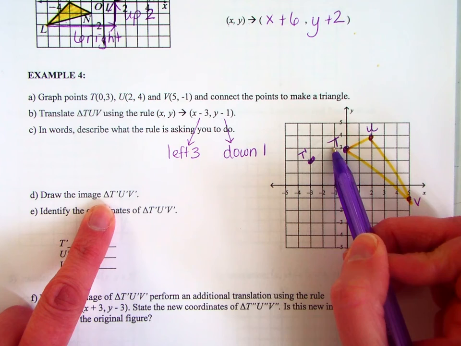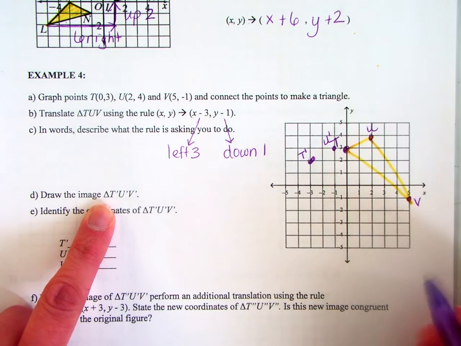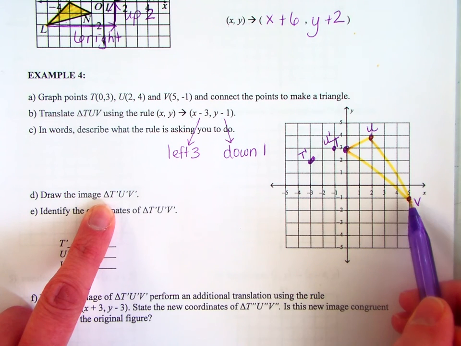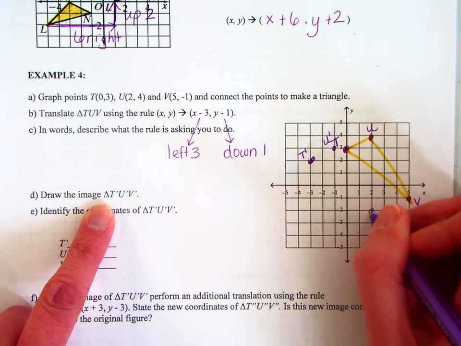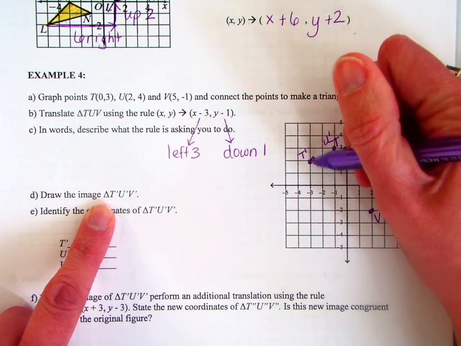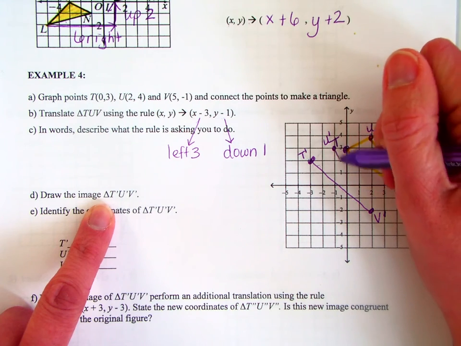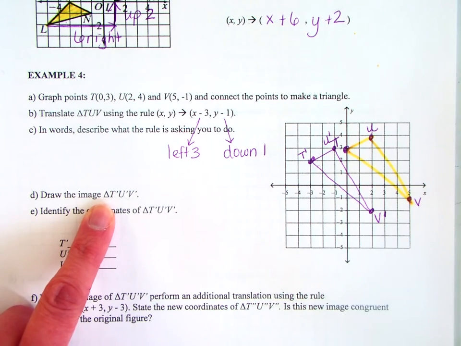That's our U prime. And then same thing with V. Left 3, down 1. That'll be our V prime. Okay, and notice again we have a congruent triangle. It's exactly the same. It just shifted over. It shifted left and then down.